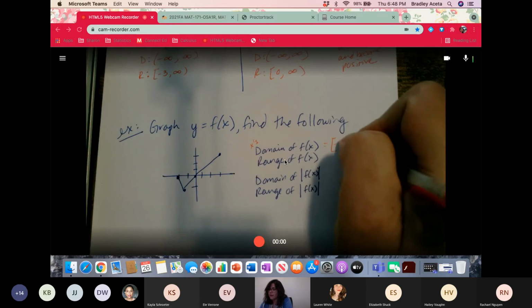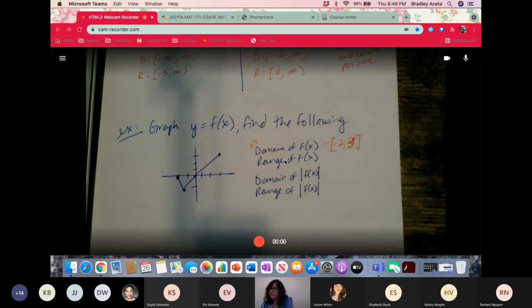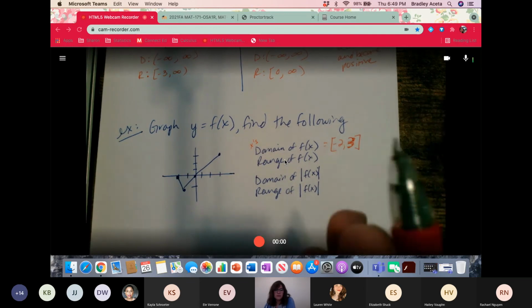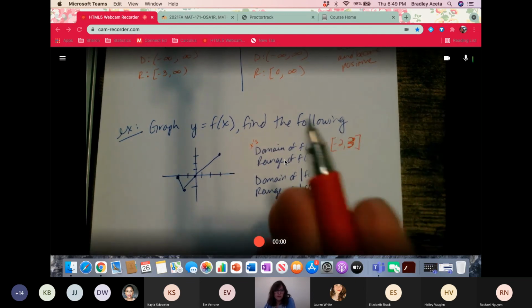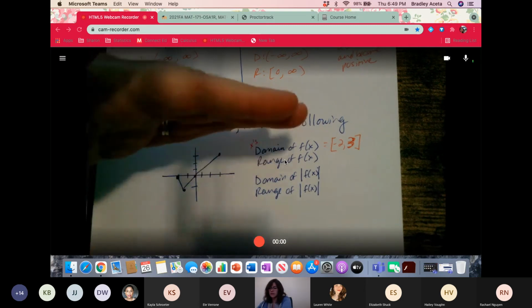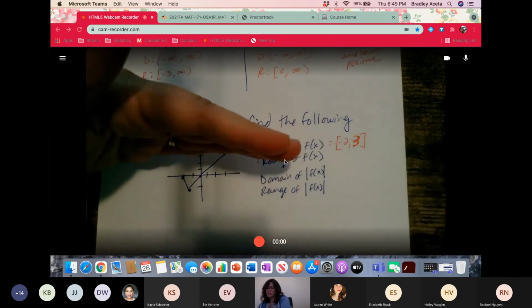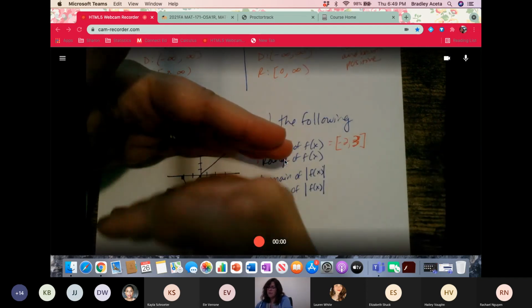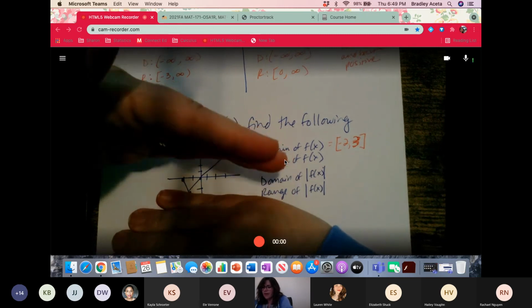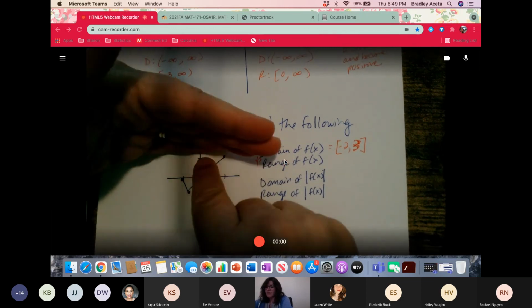And you do put brackets, because you have points, all the points in between, and they're closed at the ends. Okay, the range, how tall is this function on the y's? From here to here. So that would be from -1 up to 3.